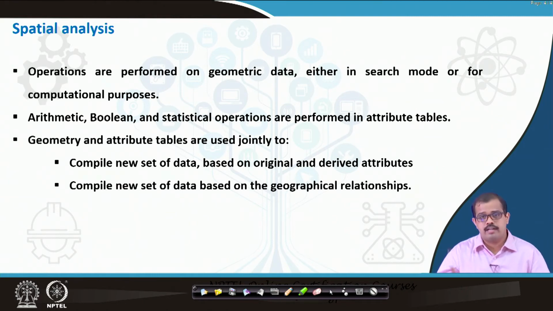If you want to add, subtract, or do Boolean operations, you can do it in any of these with spatial analytics. So geometry and attribute tables are used jointly. Though they are stored separately in many distributed databases, they can always be used to compile a new set of data based on original and derived attributes.